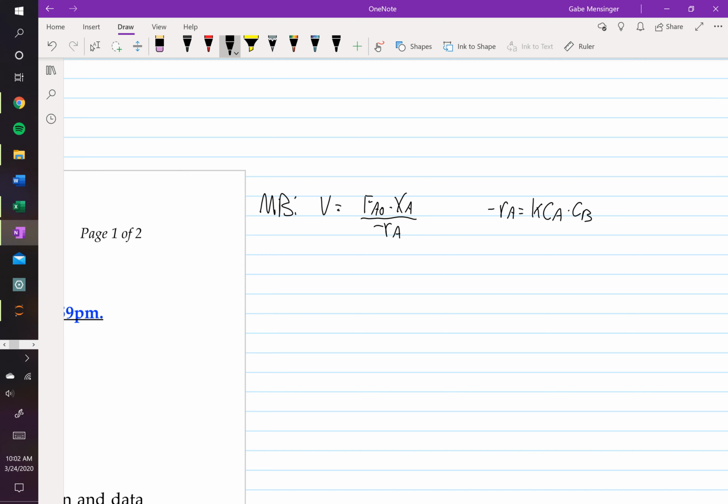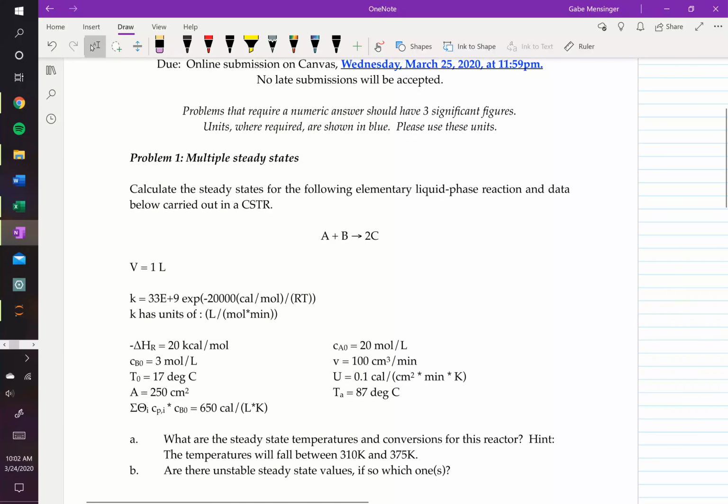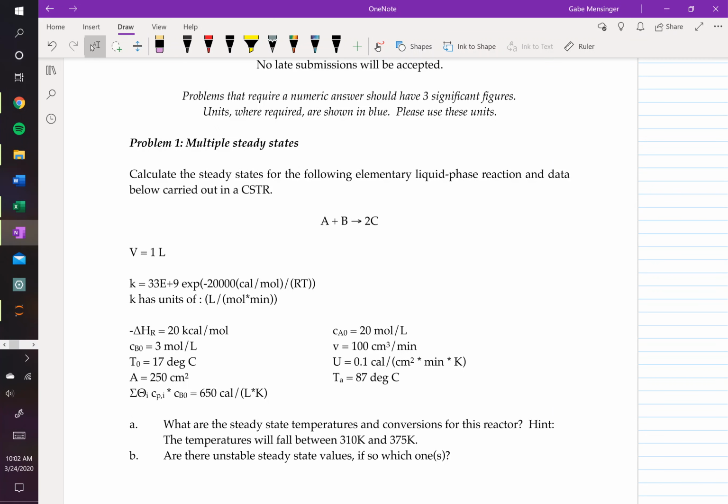To mitigate any confusion, especially with the nomenclature in this problem, we can see that it is a 1-to-1 reaction. But we also see that CB naught, the concentration of B, is lower than CA naught.